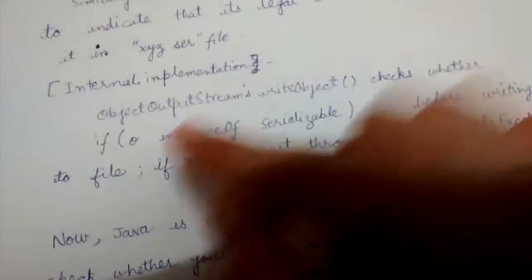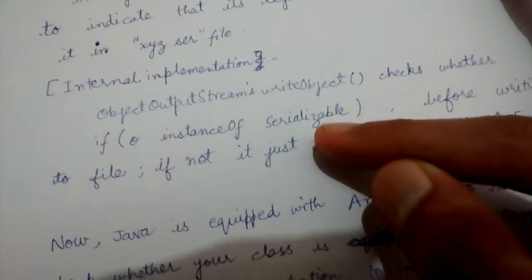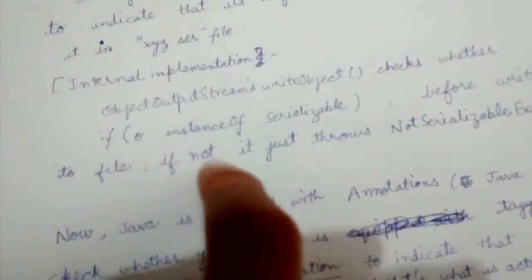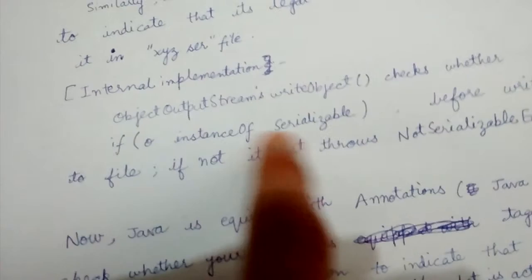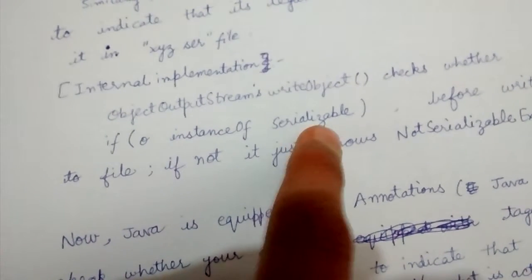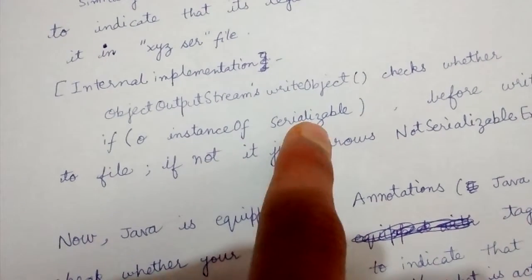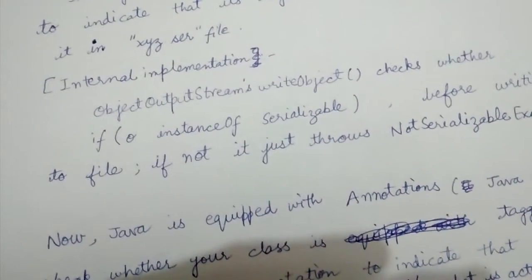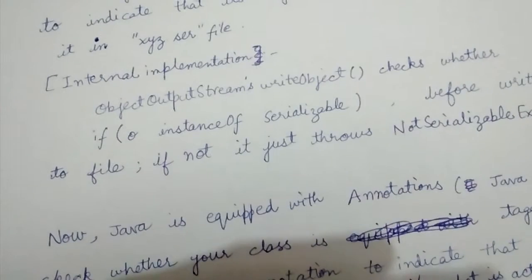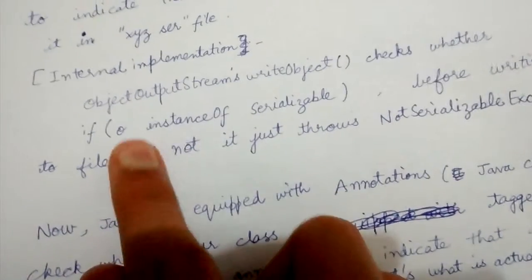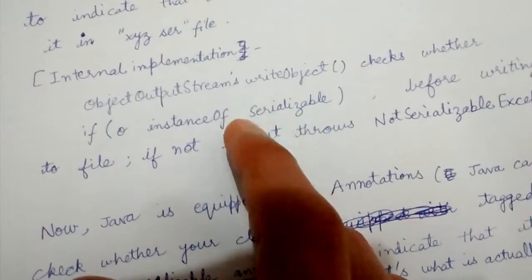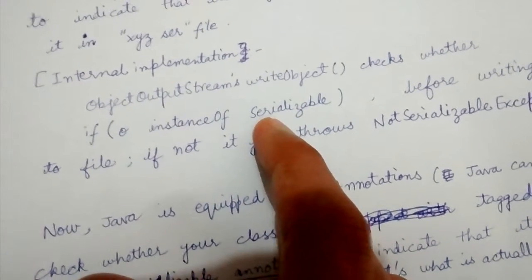So earlier these interfaces were used like this. We implement the Serializable interface, and whichever class is serializing the object and writing it to a file will just check whether our object is implementing this Serializable interface. By checking this thing, it will know whether it's legal to serialize it or not.